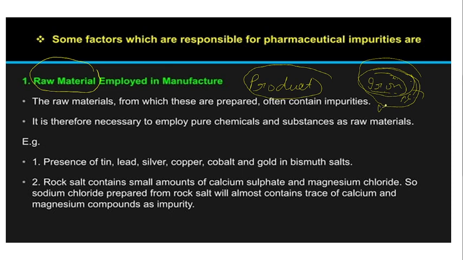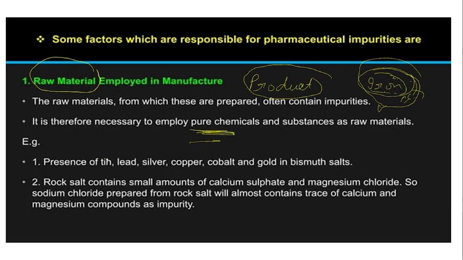Then it becomes purified. So this is what I mean: the raw materials from which these are prepared often contain impurities. It is therefore necessary to employ pure chemical substances as raw material. Whatever we are using as raw material, we need to make sure that it is completely pure. This purity is very, very important.